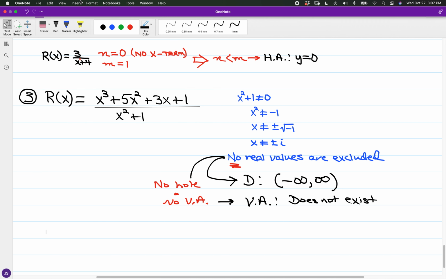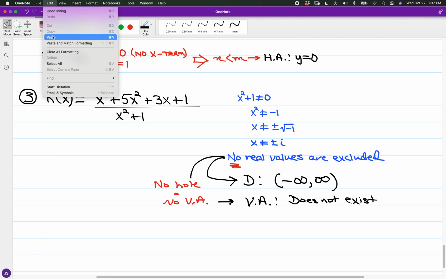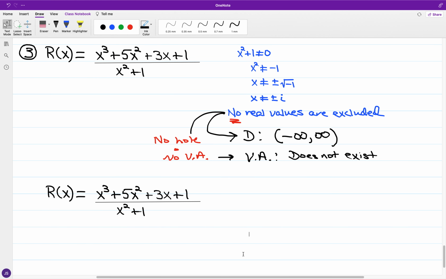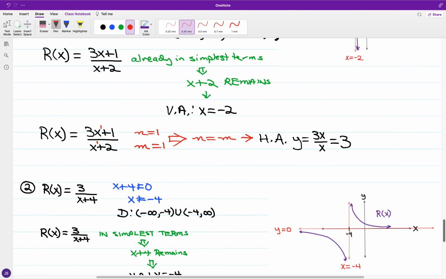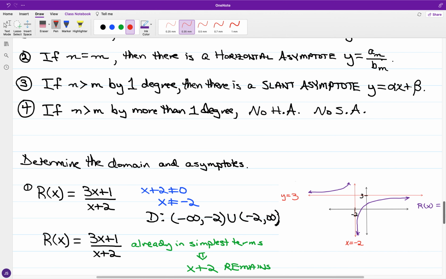Looking at the degrees in the numerator and denominator, in the numerator we have x to the third, so we have n equal to 3, and in the denominator the higher order term is x squared, so m is equal to 2. And 3 is greater than 2, so in this scenario n is greater than m by 1 degree, and we're going to have a slant asymptote.